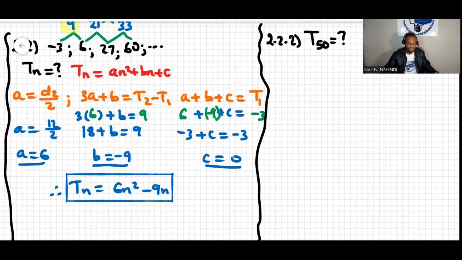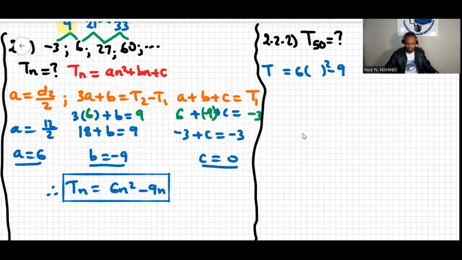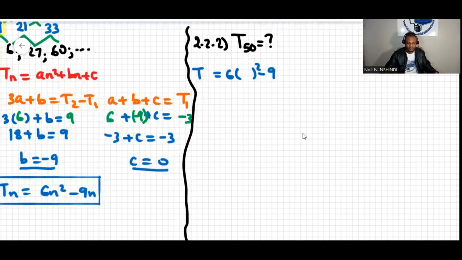In this situation, I'm just going to substitute 50 wherever I have n. It's going to be 6n squared minus 9n. So T50 will be equal to 50 squared, which is 2500, so it's going to be 6 times that. We can just put it in the calculator.